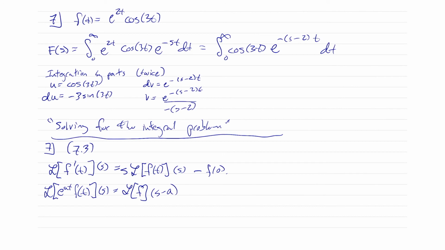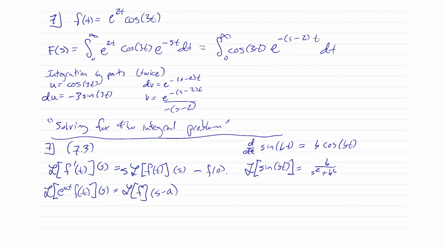So we know that if we take the derivative with respect to t of sine of bt, that's going to be b cosine of bt. And we have the formula for this from the lecture. It's in our table. The Laplace transform of sine of bt was found to be b over s squared plus b squared.